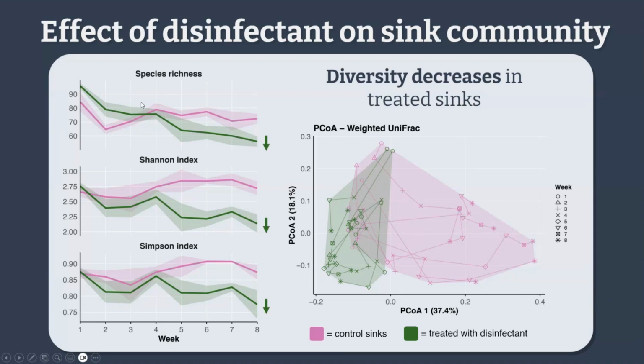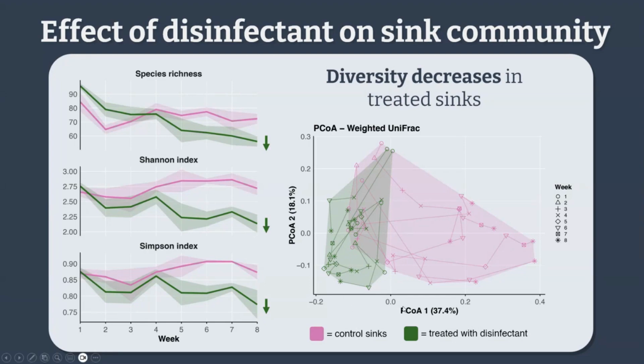Looking at the alpha diversity, the control sinks in pink stayed quite stable throughout, but the disinfectant sinks did decrease in alpha diversity over time, both in species richness and in the Shannon and Simpson index. And then looking at beta diversity, each point in this plot is a weighted unifrac distance. We can basically see that the treatment with disinfectant did cause the samples to diverge over time.